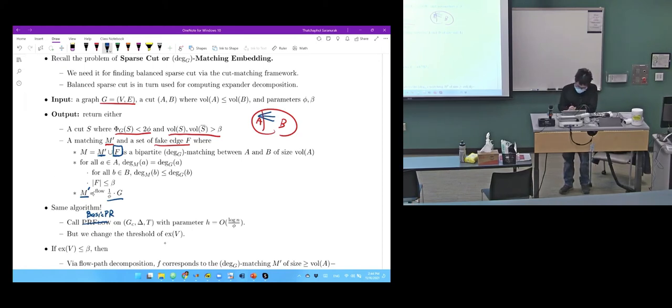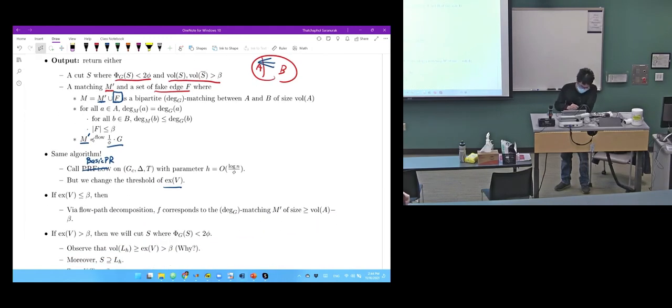But we can solve this using basic push-relabel, using exactly the same algorithm and analysis, except that we will change the threshold. Instead of the threshold being 0, now you change the threshold to be beta.